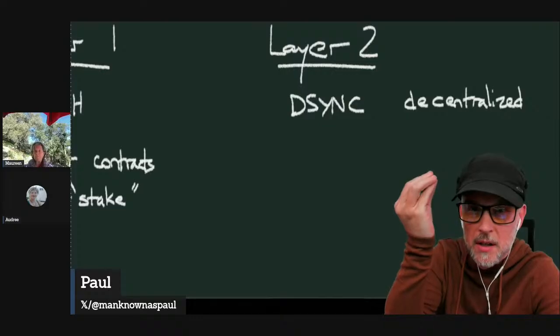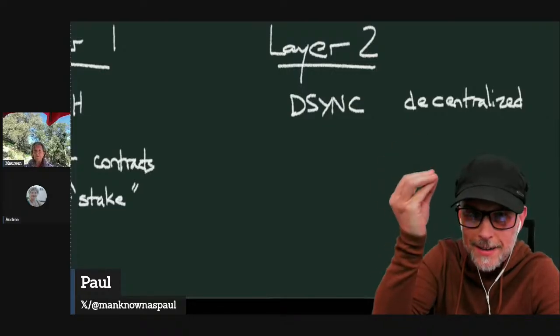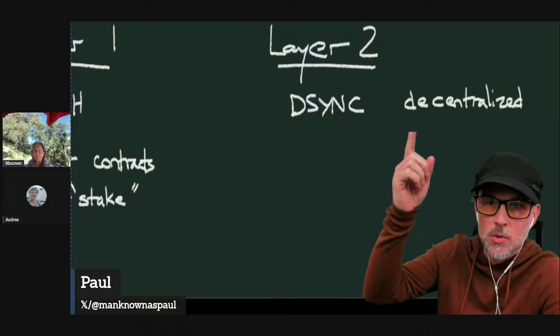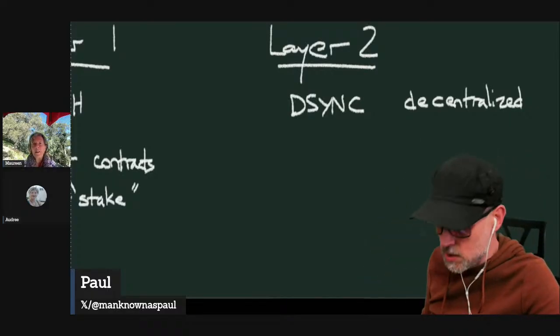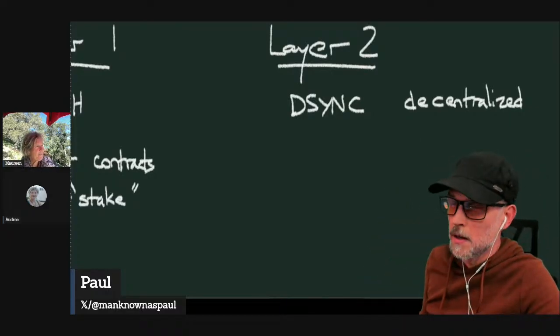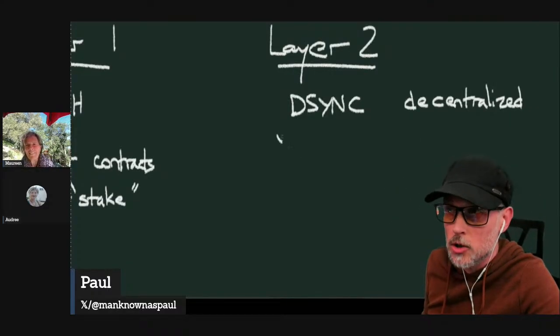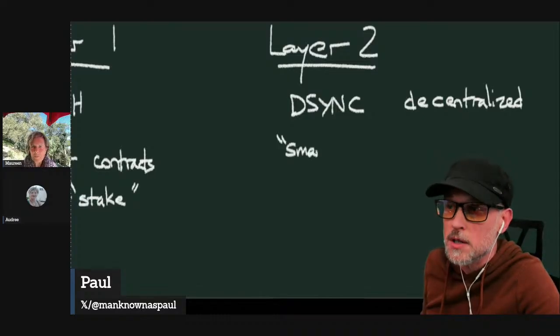You don't have to spend it, just stake it. And that allows you access to their services. So that's how the smart contract works with this token.